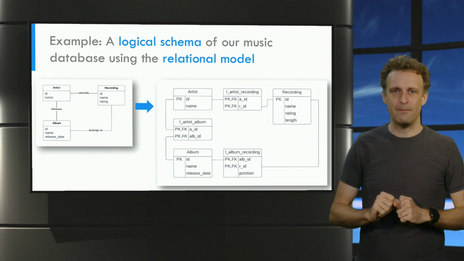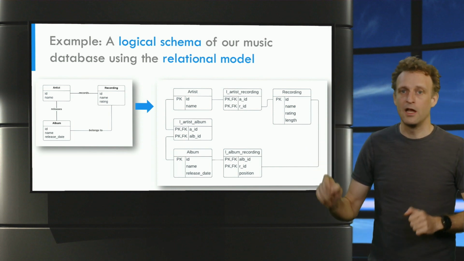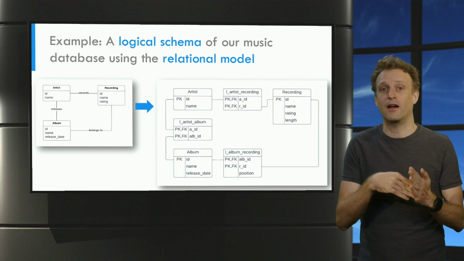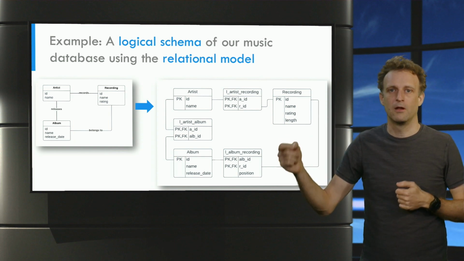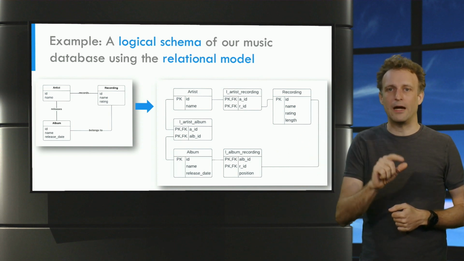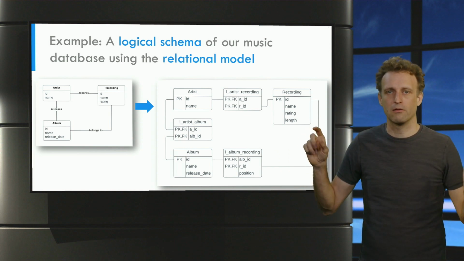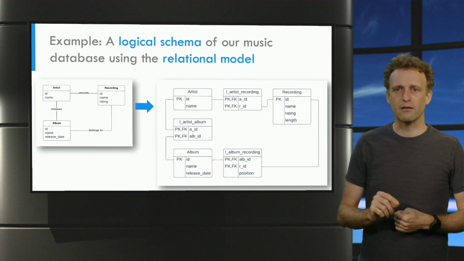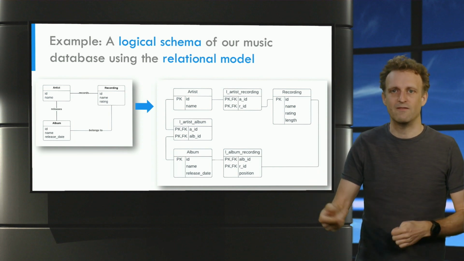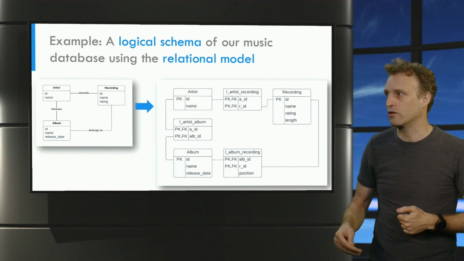Then we create a table for each of the relationship types and replicate the identifiers of the related entity types and link them. The linking is being realized by the concept of foreign keys, but we don't really need to go into details here. This results in a table structure which is being visualized by the diagram on the right.